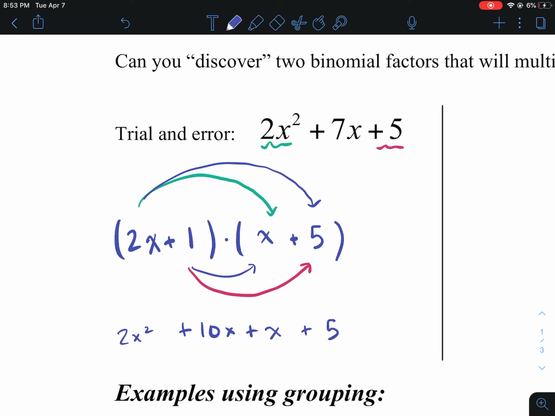Although these two factors give us a 2x squared and the 5, our middle term doesn't match. We have 7x, and this is going to give us 11x, which means we have to switch the positions of these two. Now if I take that 5 and bring it here and put the 1 there, we get 2x squared plus 2x plus 5x, and there we go, we get that 7x.